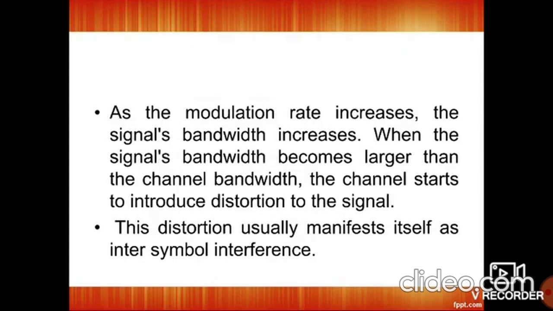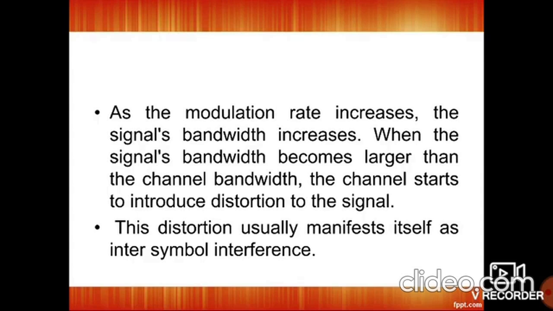As the modulation rate increases, the signal's bandwidth increases. We know the relationship between modulation rate and bandwidth: both have a direct linear relationship. Whenever the signal's bandwidth becomes larger than the channel bandwidth, the channel starts to introduce distortion, because it is always recommended to have the channel bandwidth larger than the signal's bandwidth.